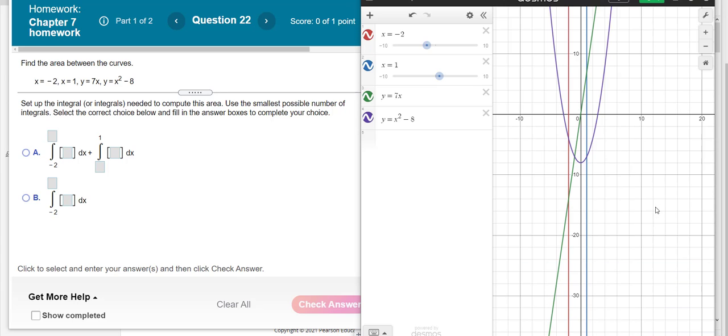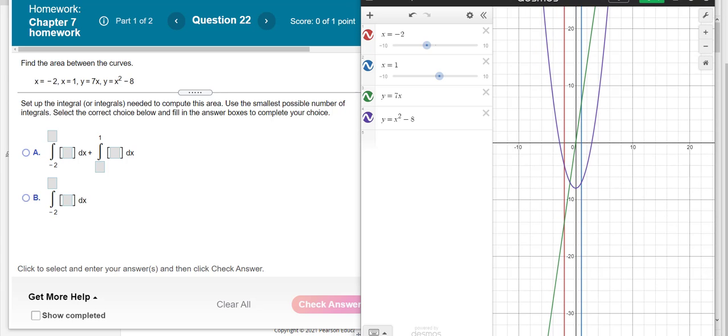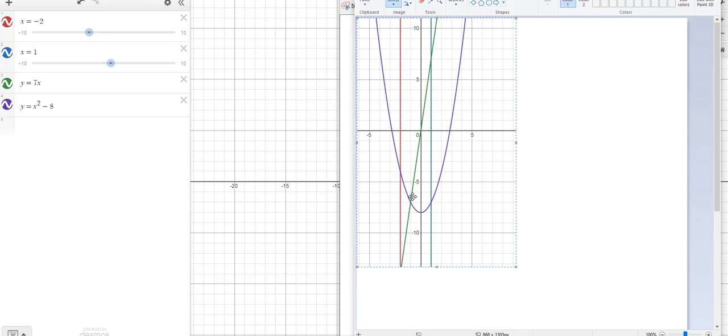Let me see if I can copy this, and the area we're talking about is in here, until you get to 1, and then over here are actually -1. All of this over here. But I'm not going past that blue line, because that blue line is x equals 1, and they told us to stop at x equals 1, right?